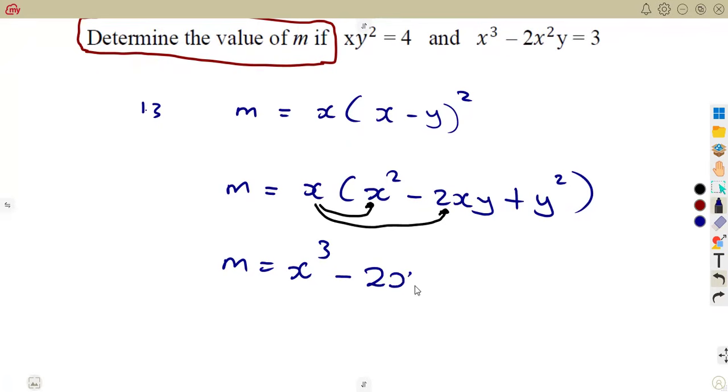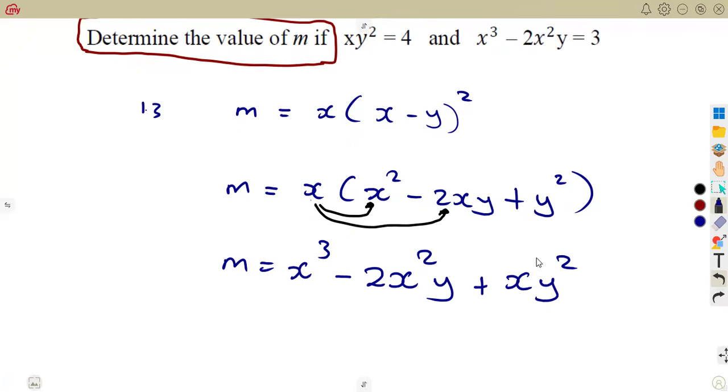So it is going to be minus 2x squared y, because x and x is x squared and we're going to have y there. Then x and y squared, so it is going to be plus xy squared. So this is it. You have expanded the brackets, exactly according to what you're given.